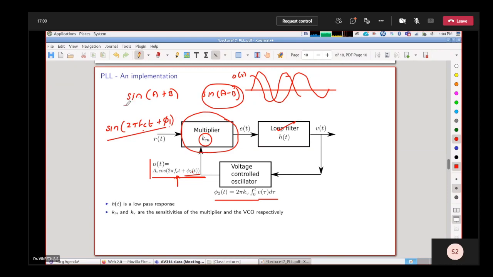The A plus B term will be a higher frequency term which will get filtered out here. So once this error signal propagates here, it's as if it contains only the sine of the phi1 minus phi2 term. That is why we use the multiplier as a way to compare these phases. Is that clear?